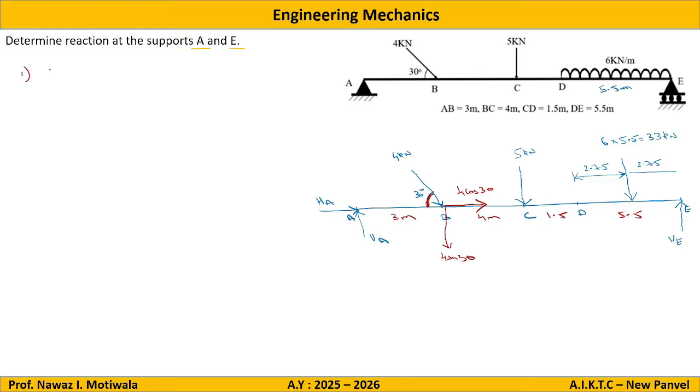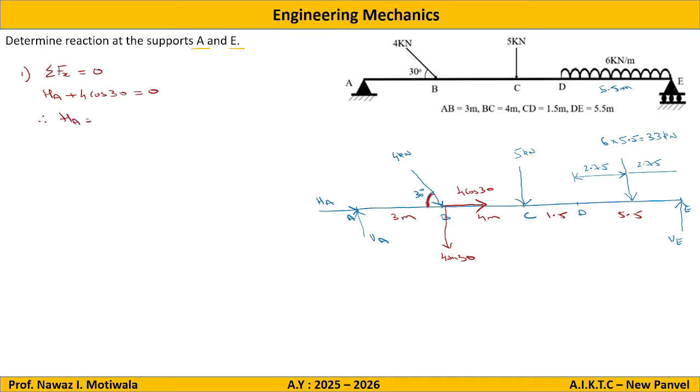So first step, summation of Fx should be 0. Add all the forces in x direction. So HA going right side, plus 4 cos 30 again going right side, is equal to 0. From here I will get the answer for HA.